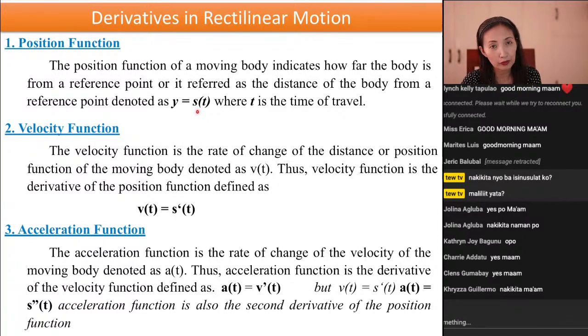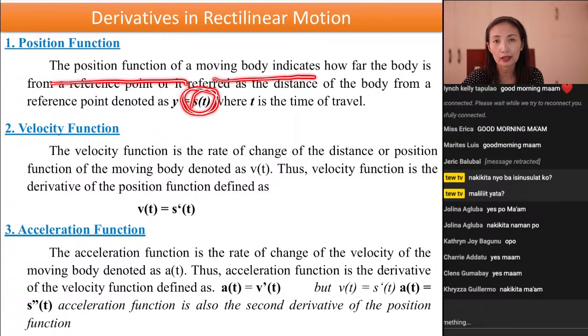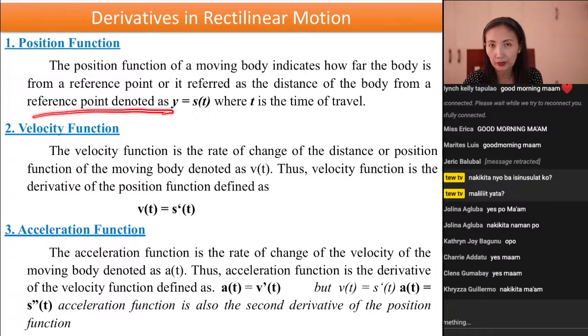Then that means S of 2. Where is that moving object after 5 seconds? That's S of 5. So S of t gives the position at a particular time. The position function of a moving body indicates how far the body is from a reference point, referred to as the distance of the body from a reference point, denoted as S of t. T is time and S for distance traveled.